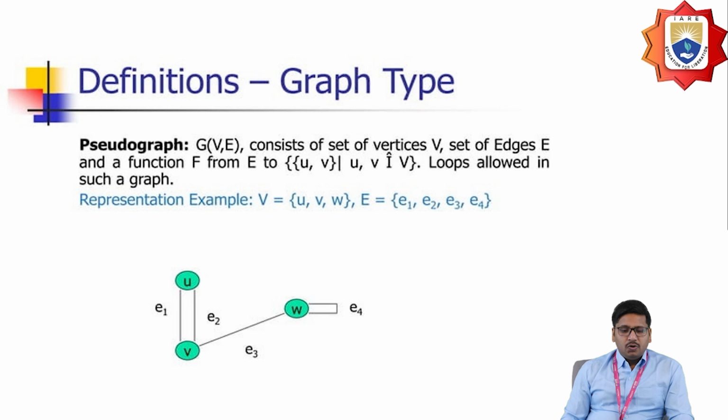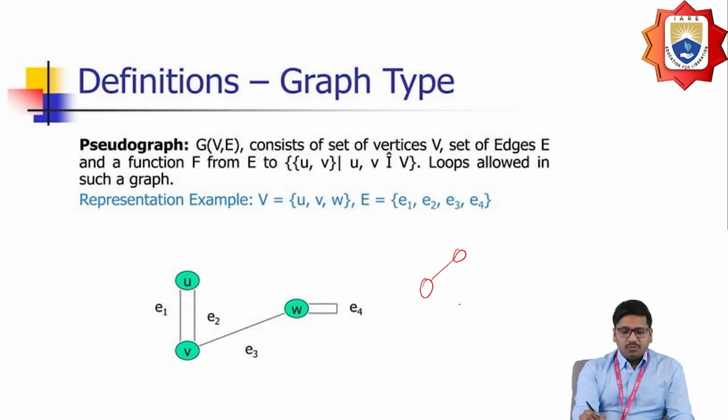And the next one is the pseudograph. A pseudograph G consists of a set of vertices and edges, and a function from E to a set of edges, represented here as E1, E2, E3 and E4. A pseudograph is the same as a normal graph, with only one difference: loops are allowed.